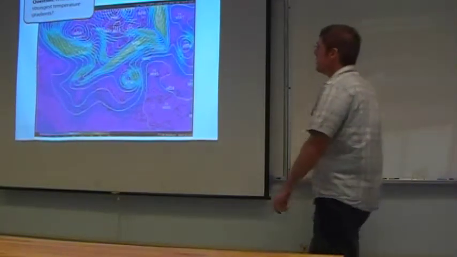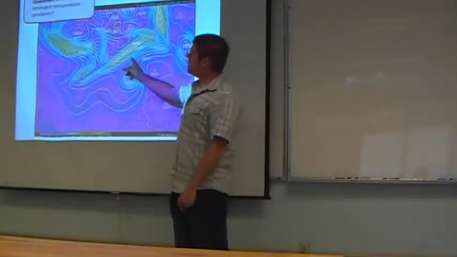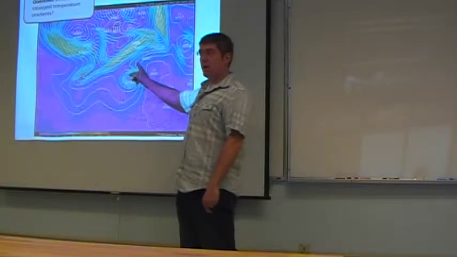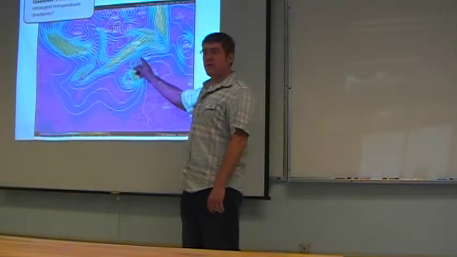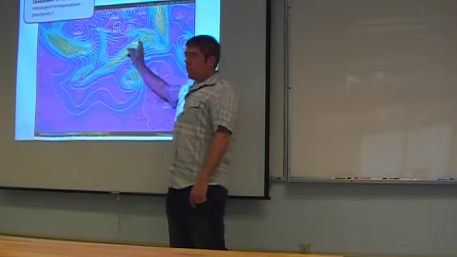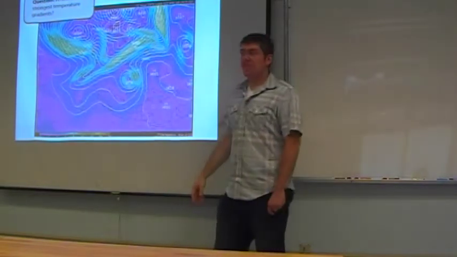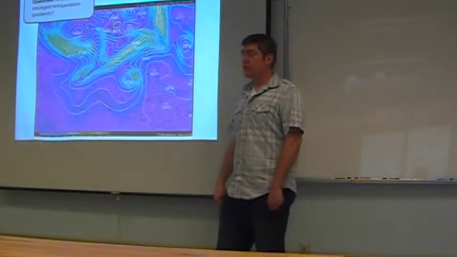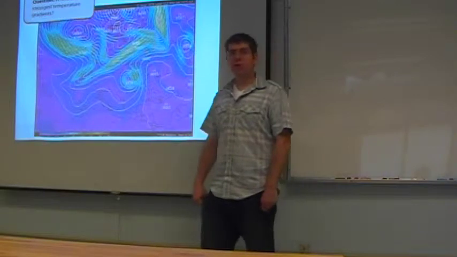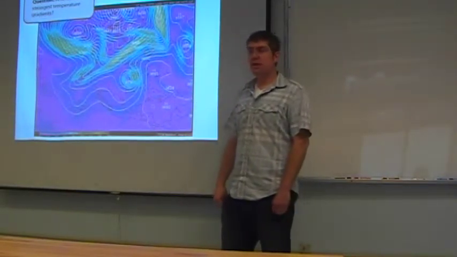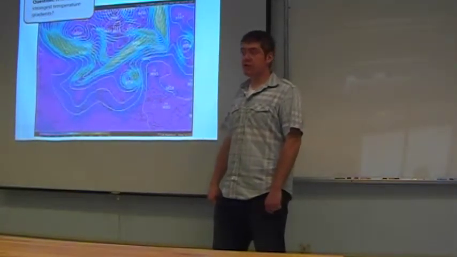Temperature gradients are also closely associated with wind speeds, here showing 500 millibar wind speeds, so in the mid to upper troposphere. Wind speeds are affected via the thermal wind relationship, which basically says that the vertical shear associated with wind is given by horizontal temperature gradients.